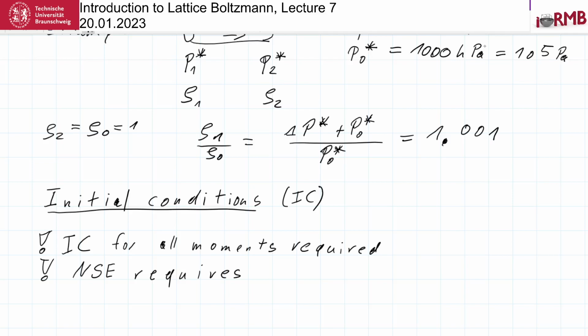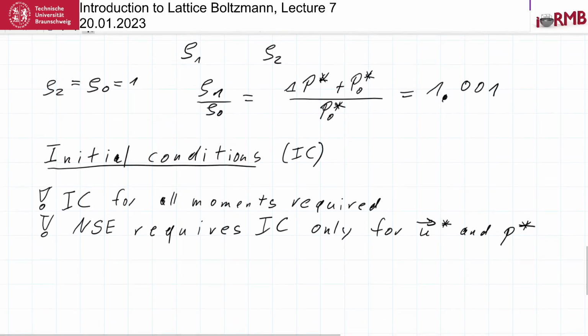So the Navier-Stokes equation requires only, let's say we don't have temperature in the Navier-Stokes equation, because we are looking at the incompressible one, then we only need initial conditions for the velocity and the pressure. Now here we need all moments.